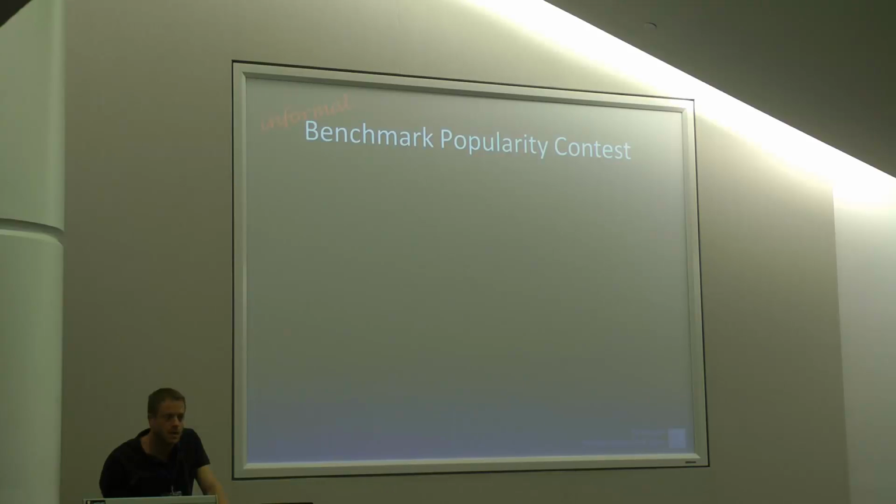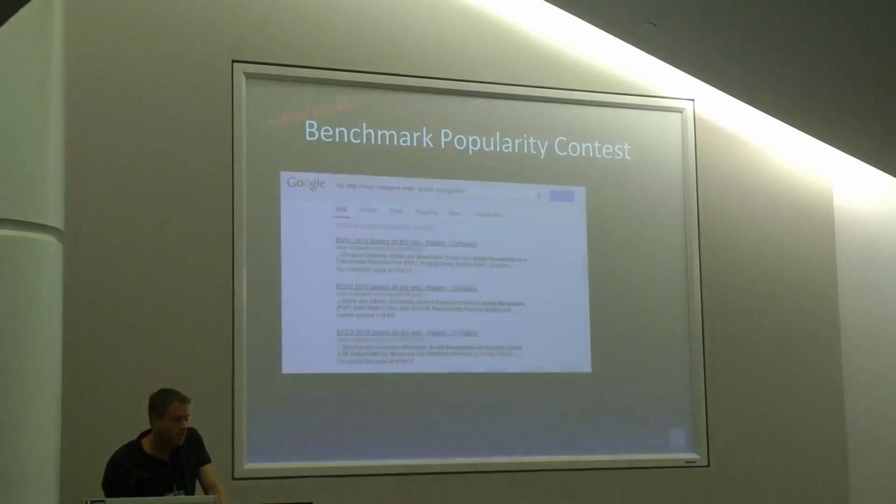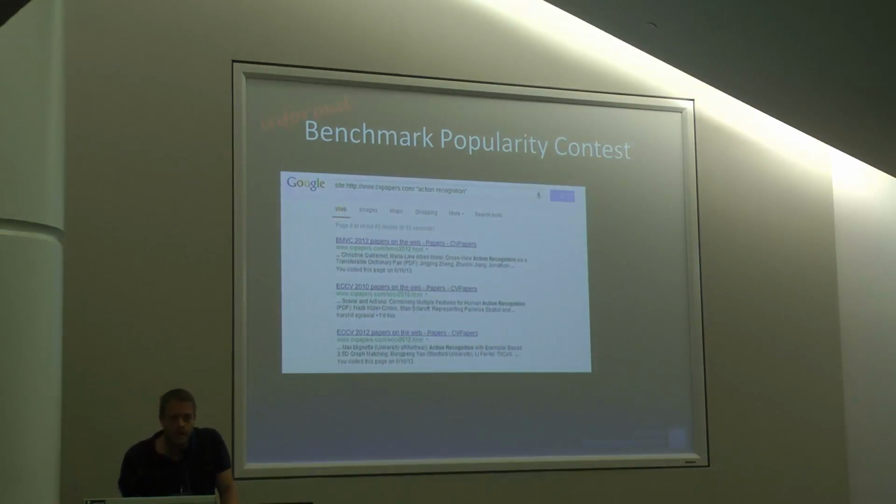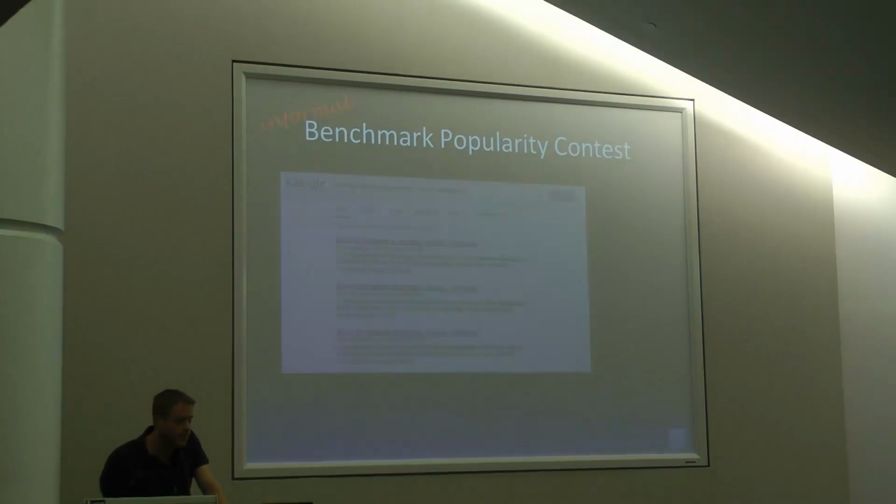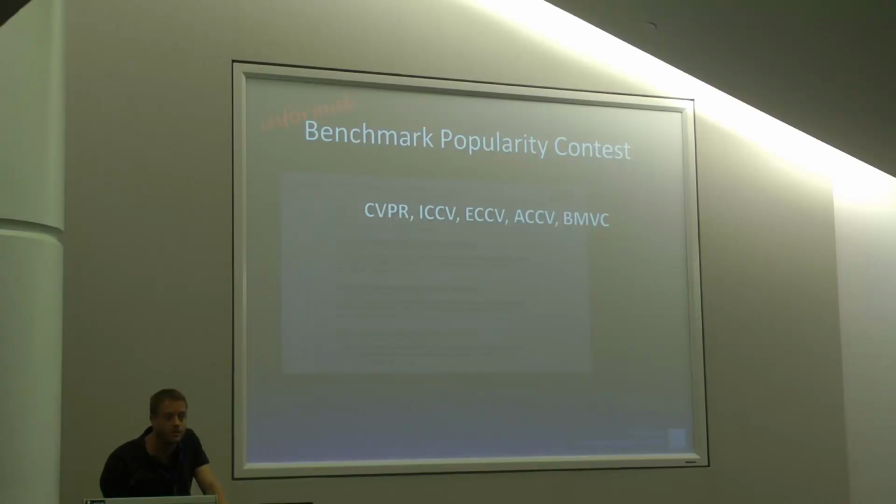So this is an informal action recognition benchmark popularity contest. I went to Google and asked it to give me all the papers on action recognition in the 5 big conferences, CVPR, ICCV, ECCV, ACCV, and BMVC, from 2010 to 2012.